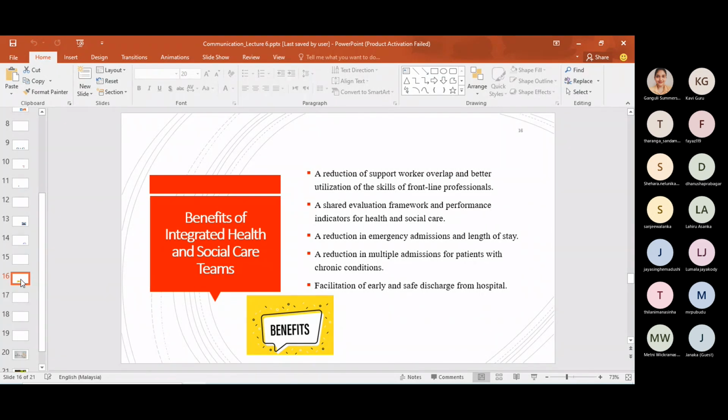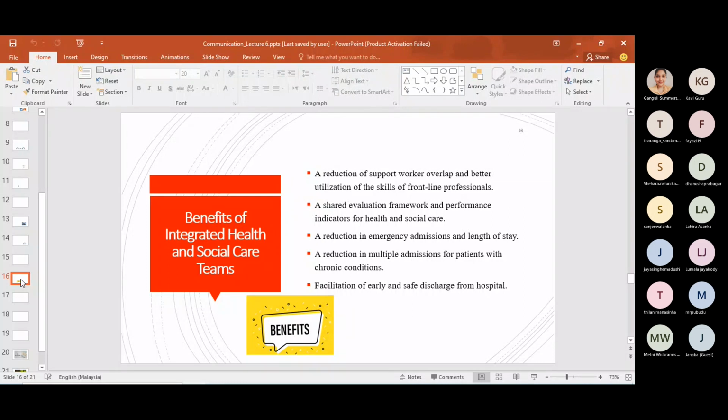When a small staff looks after a large number of patients, everybody will not get adequate attention, right? But if the staff is large enough for the number of patients, the patients will get individual attention. So it is good for your patients as well.